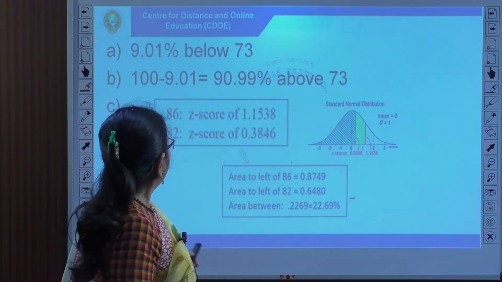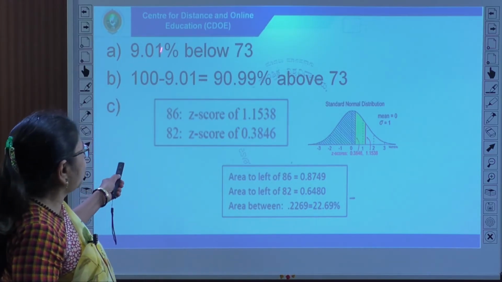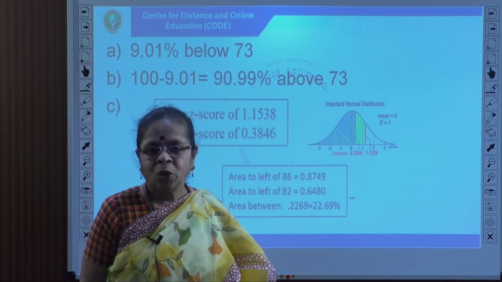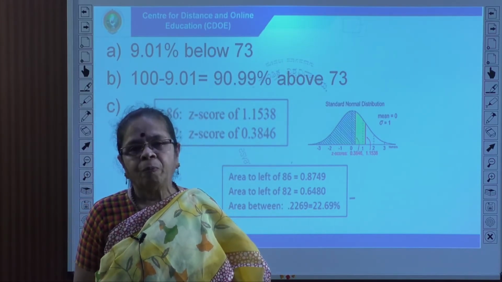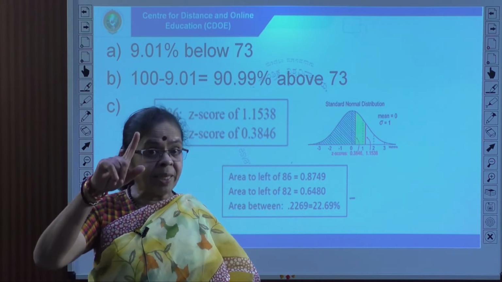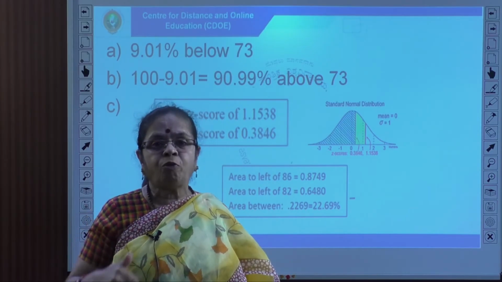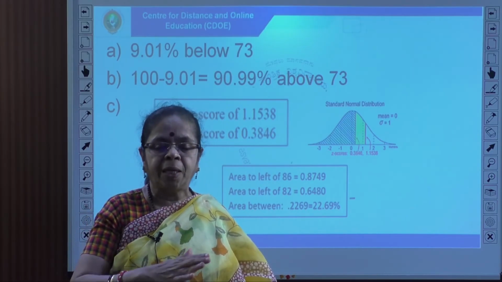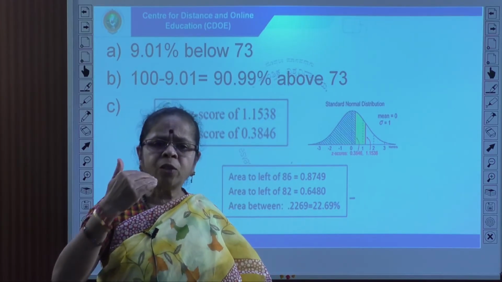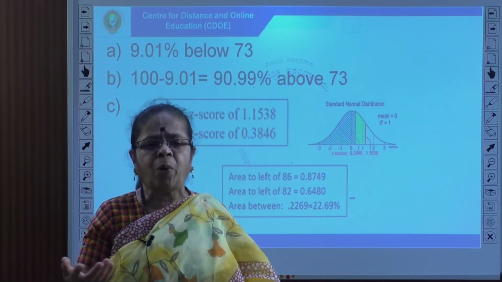Therefore, 0.0901 is 9.01% below 73. So, out of that sample, the mean is 80, the percentage of people who have got below 73 is 9.01%. Obviously, those who got above 73 will be 100 minus 9.01, that is 90.99%.